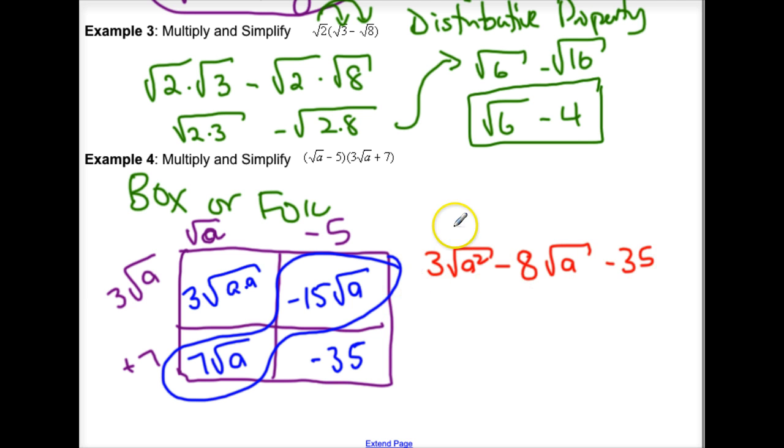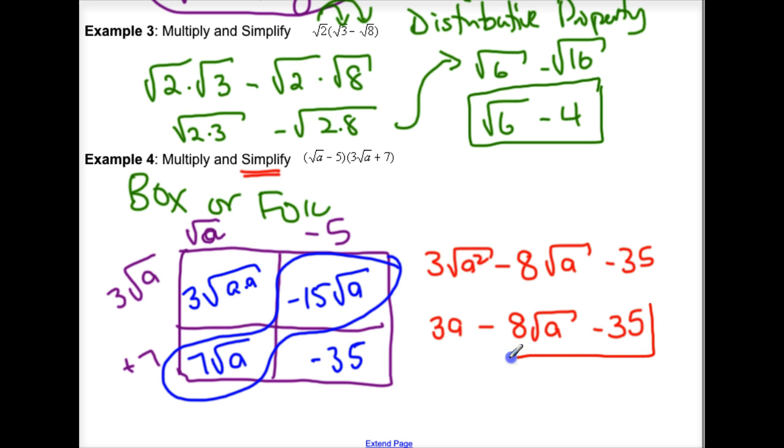Now this can even simplify, that's why it says to simplify. The square root of a squared is actually a, so this becomes 3a minus 8 square root of a minus 35, and this is my final answer.